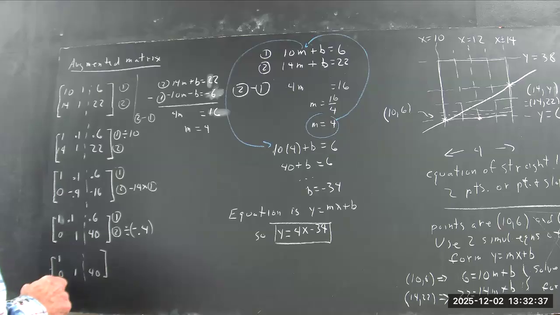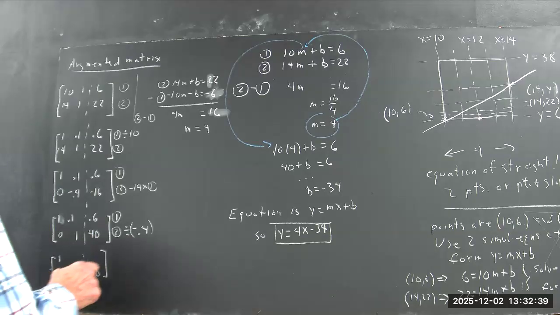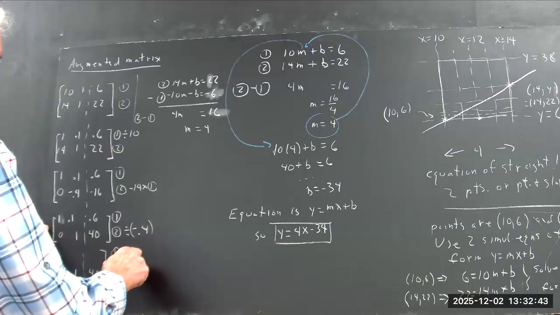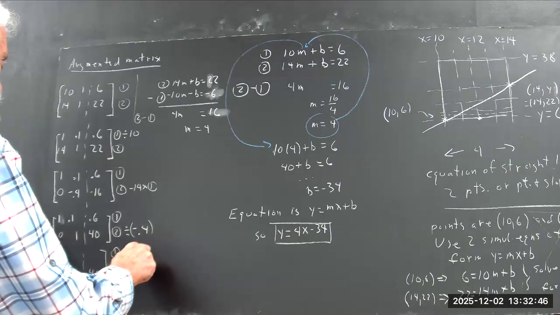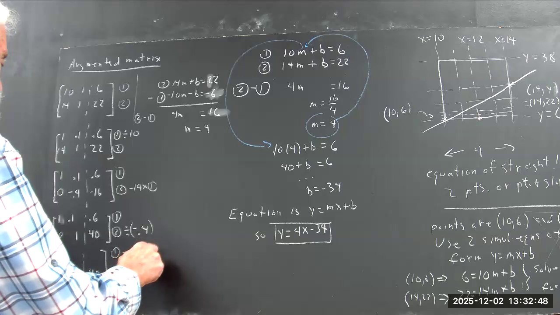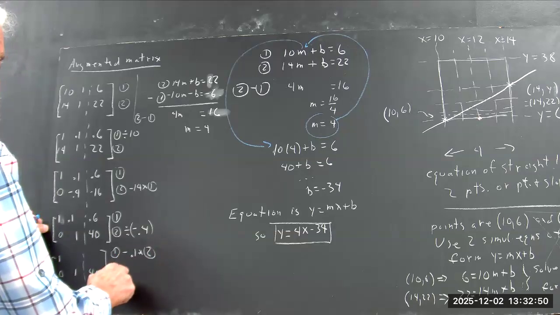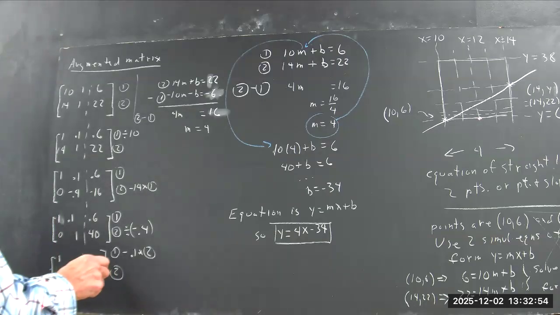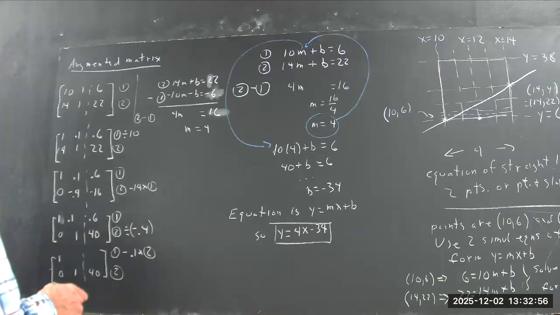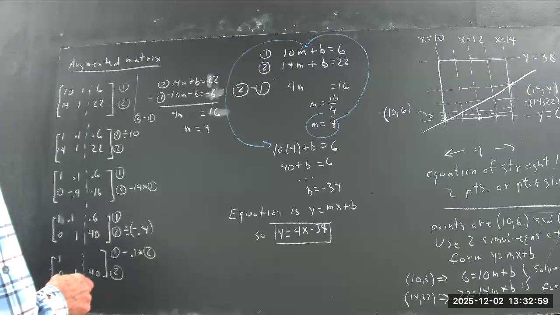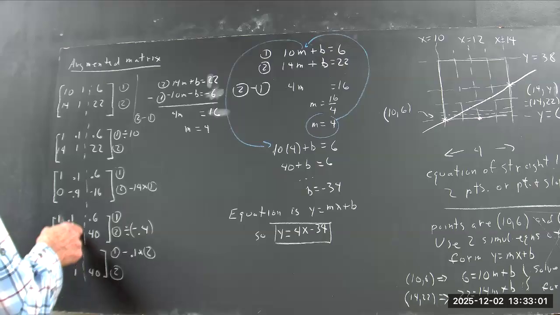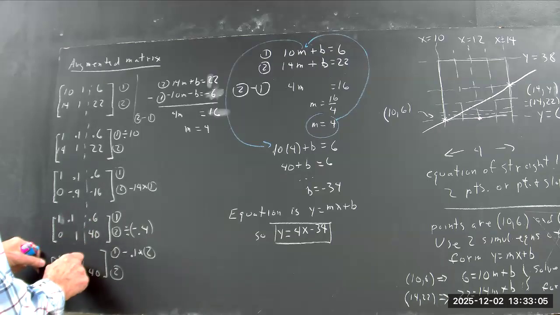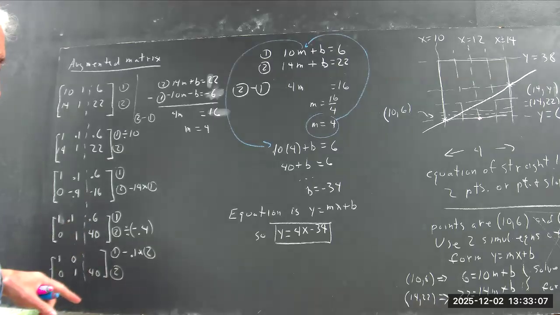I have to take row 1 minus 0.1 times row 2, and I keep row 2 here. And when I do that, 0.1 times 1 is 0. Problem comes over here.